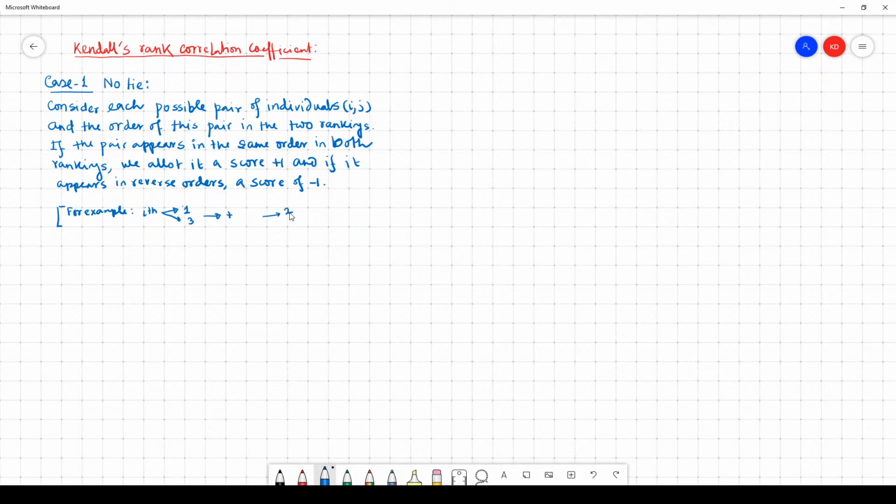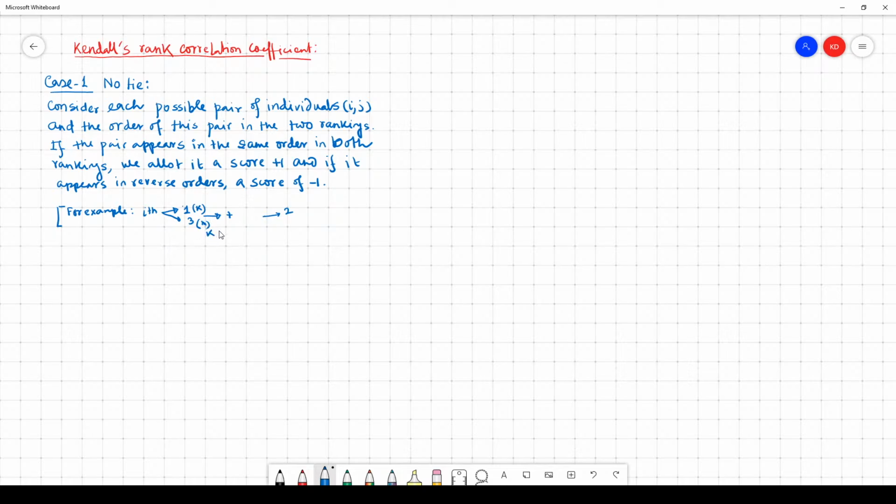Same order means, suppose the rank of judge 1 for the ith individual I denote by k, and the rank of the ith individual for judge 2 I denote by m.